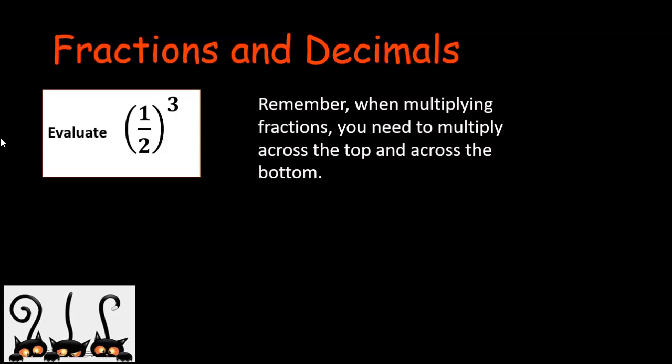But what about fractions and decimals? What if you see something like this? 1/2 with parentheses to the third power. Well, that's just saying I'm going to multiply my 1/2 by itself 3 times. So if I rewrite this like this, 1/2 times 1/2 times 1/2, I just multiply across the numerators. 1 times 1 times 1 is going to equal 1.